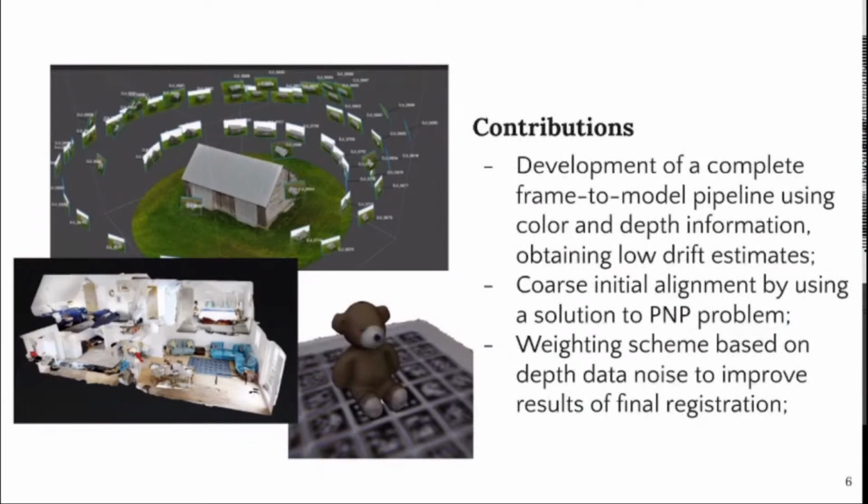As contributions of this work, we first implement a pipeline that works online, being capable to do reconstructions with low drift estimates. Second, we proposed a PNP solution in order to initialize the camera position. And finally, we propose a weighting scheme in order to avoid the influence of bad depth data in the final result.